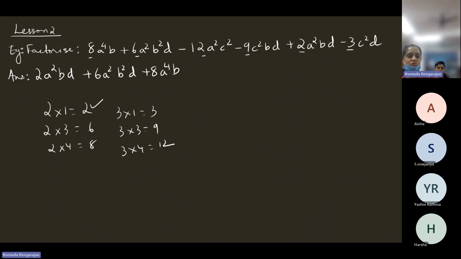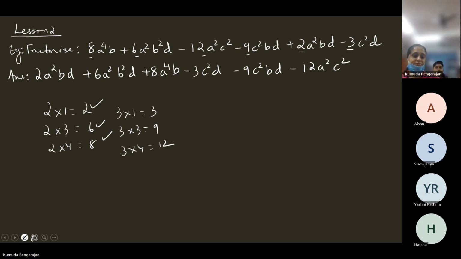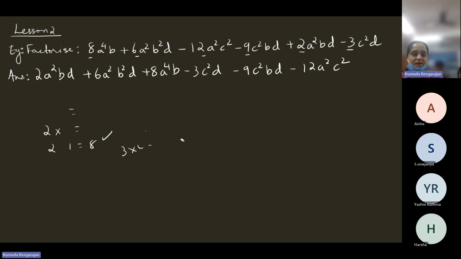Here 2, 6, 8. Is that fine? And then minus 3c square d, then minus 9c square bd, and then minus 12a square c square. There are 6 terms. This expression has 6 terms.